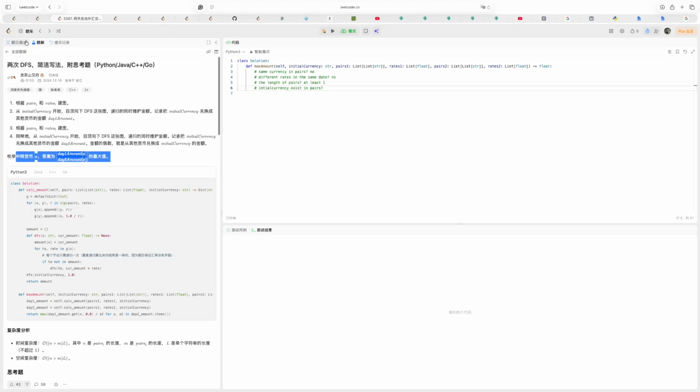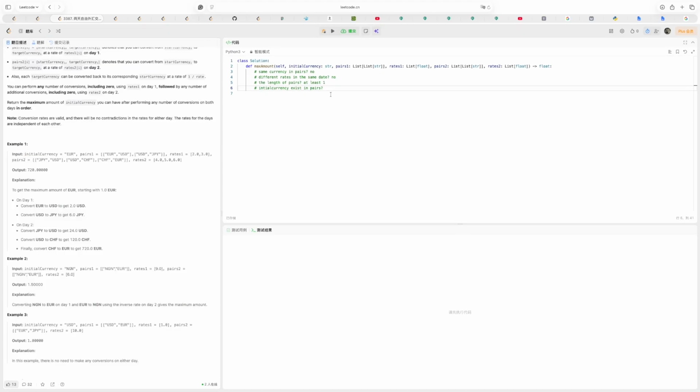Okay, so I think first create, so we'll have 2 adjacency lists.